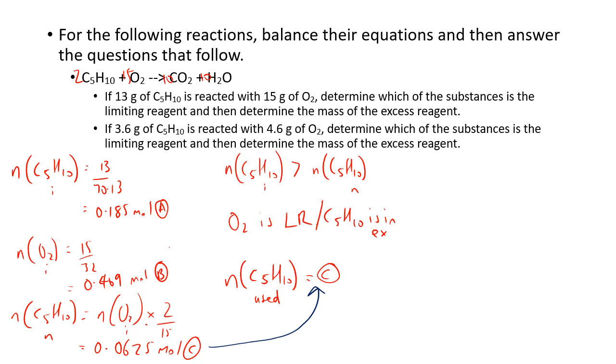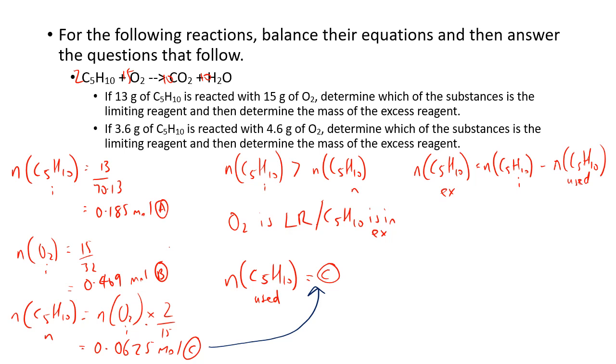So let's move on. We have to work out the number of moles of C5H10 in excess, which will be equal to the number of moles of C5H10 initial, subtract the number of moles of C5H10 used.